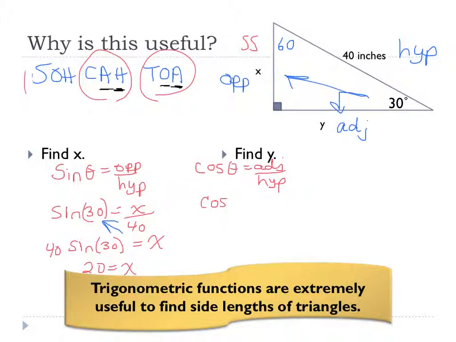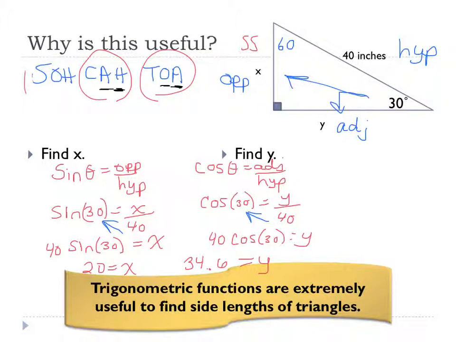Cosine of 30 degrees equals the adjacent, which is y, divided by 40. Again, we're going to cross multiply up, and we have 40 times the cosine of 30 equals y. And we're going to go ahead and find the cosine of 30 and multiply that by 40. And y is approximately 34.6.